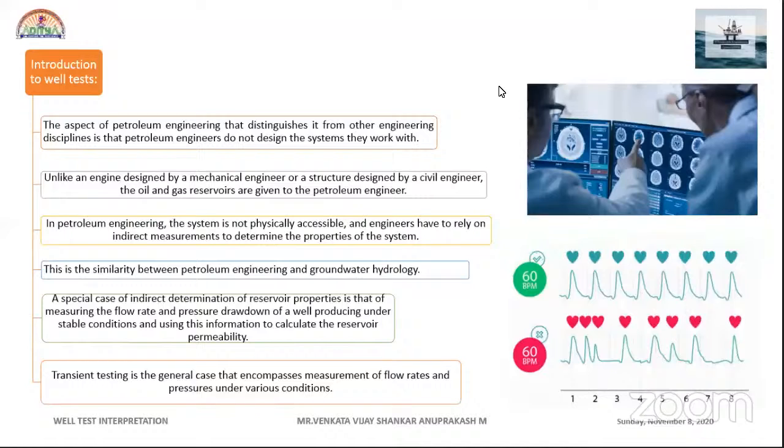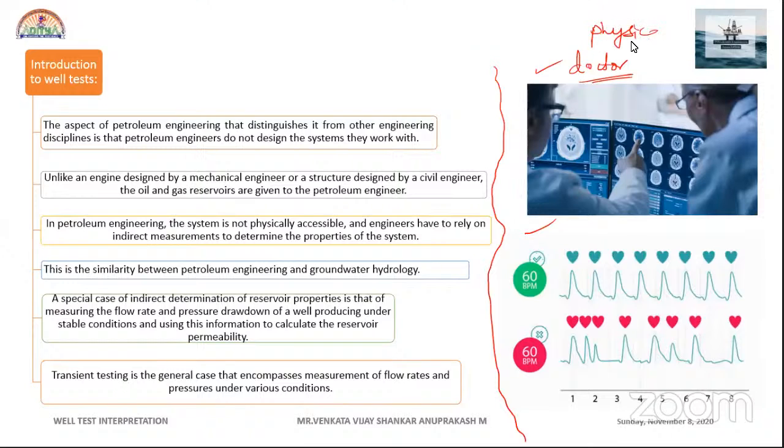Before well test interpretation, let me show you one thing. There are two pictures in this presentation. One is of a doctor who is analyzing the brain, right? A doctor can physically observe.